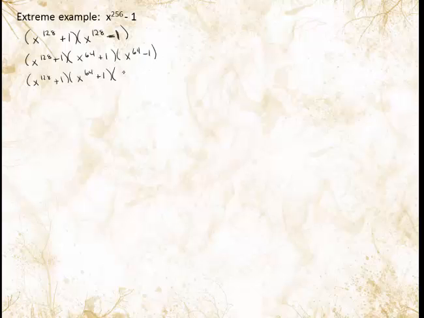All these plus 1s don't factor anymore. So I divide 64 by 2 and I get 32. And that gives me another difference of squares. Okay, half of 32 is 16.